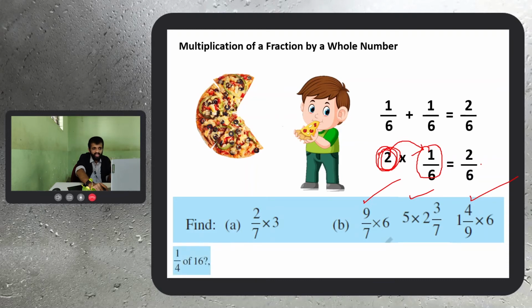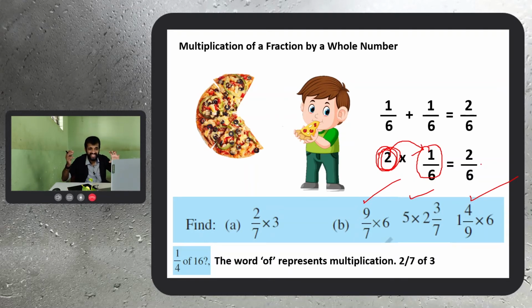So 1/4 of 16. Remember this, when I use the word of, it represents multiplication. So 1/4 of 16 means, let me just write it for you over here, top right, 1/4 of 16. That of is nothing but multiplication.